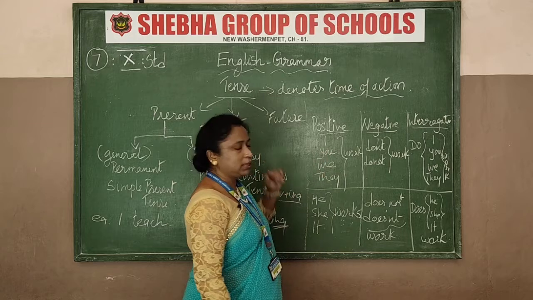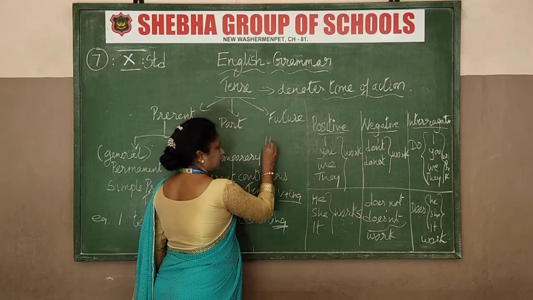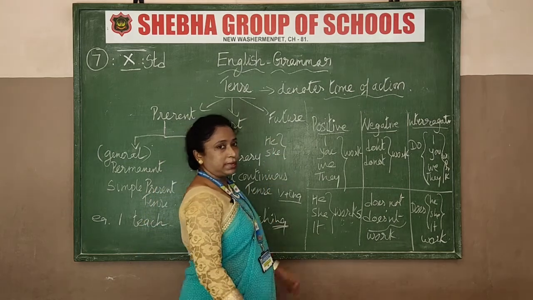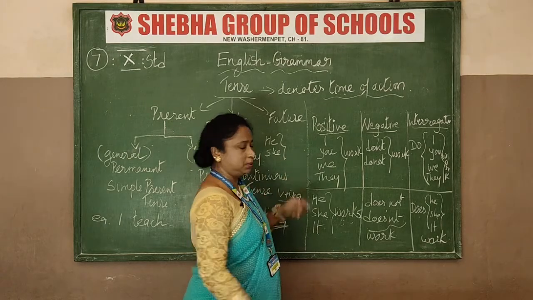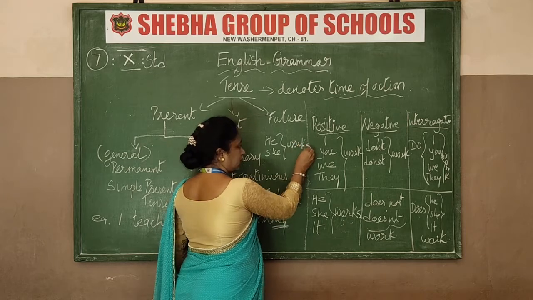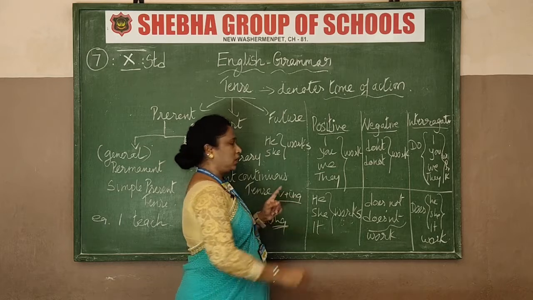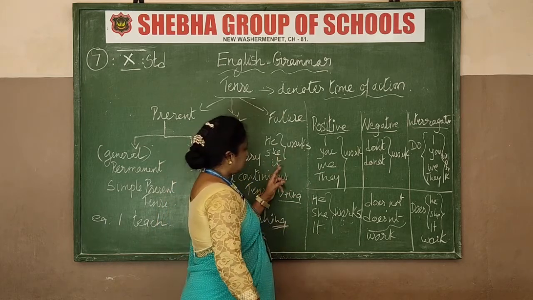Before that I want to tell you, for example, he, she, it: for these words, the verb will take an s. He works. He, she works. Or it also, it works. He, she, it works.